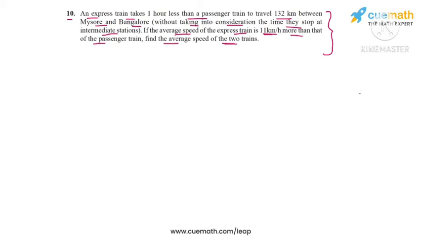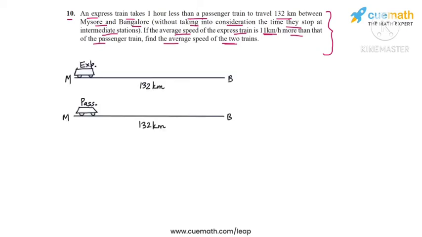It's always helpful in such problems to draw visuals to describe the situations. So here's a visual I've drawn for you, which represents the two situations. The express train goes from Mysore to Bangalore, this distance of 132 kilometers. The passenger train does the same thing, but the express train takes 1 hour less than the passenger train to do this.